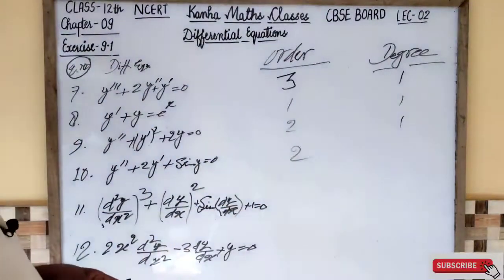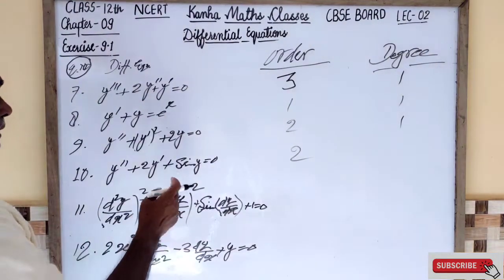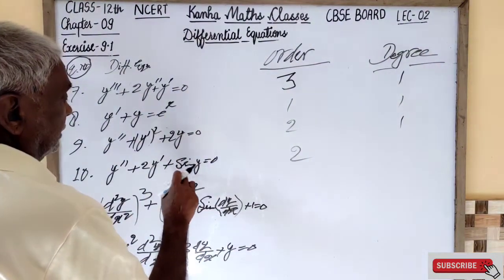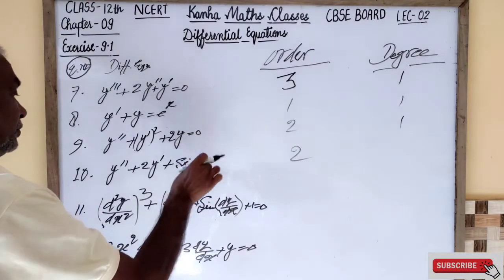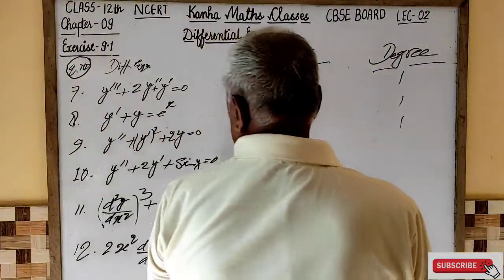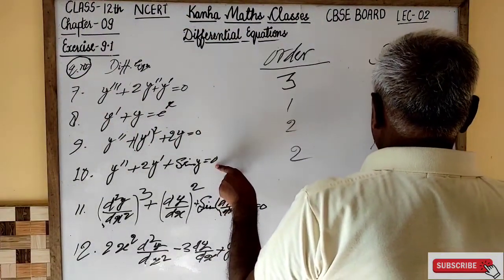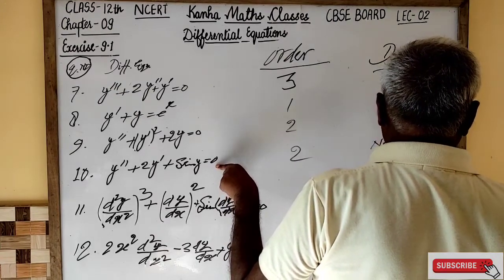But so far as the degree is concerned, here we see that it is not defined, because here instead of a derivative we have sine of y in the question, hence the degree of this differential equation is not defined.